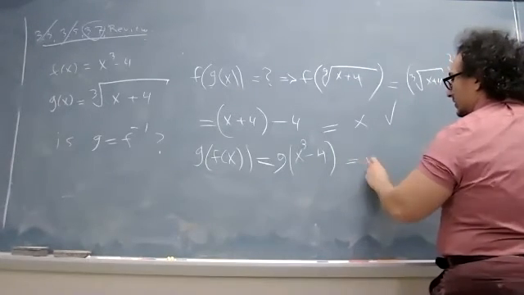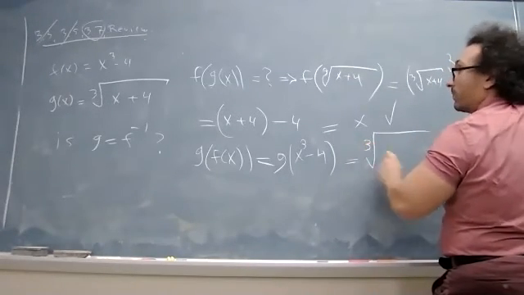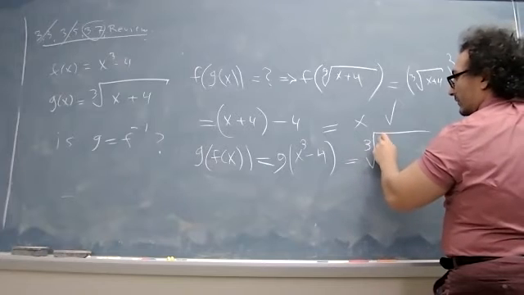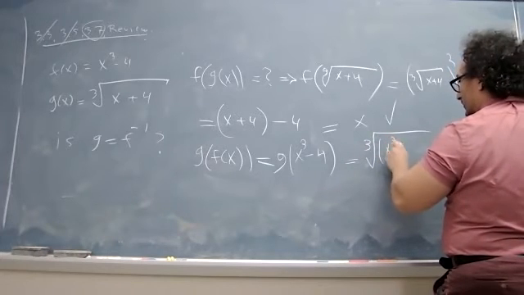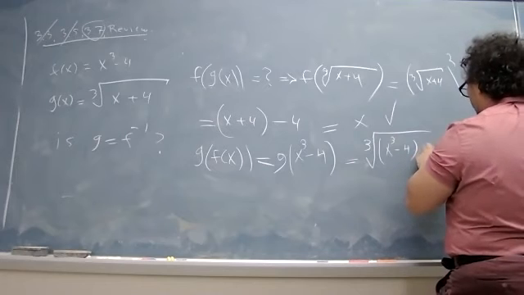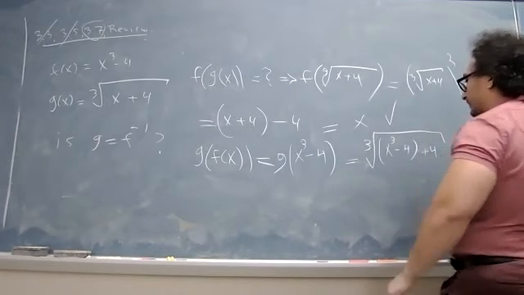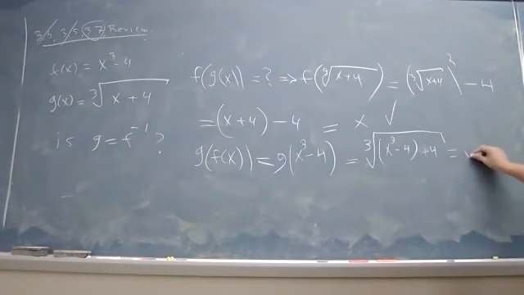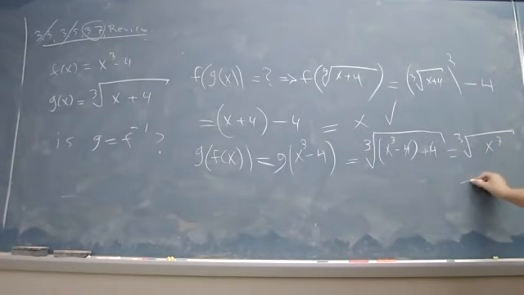So this is equal to the cube root of your x cubed minus a 4 plus your 4. Okay? So then this is equal to the cube root, and the 4s cancel, of x cubed. And we know that the cube root of x cubed is x.